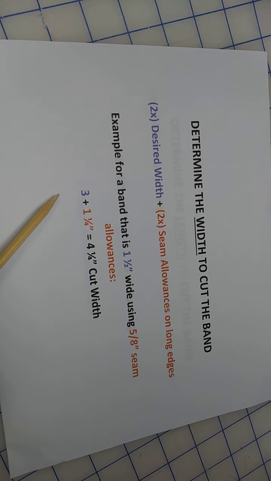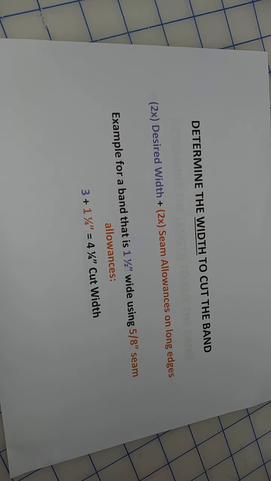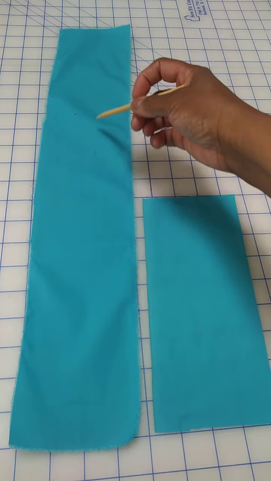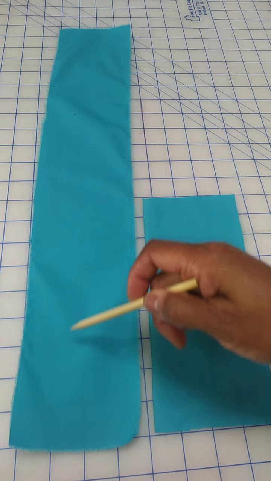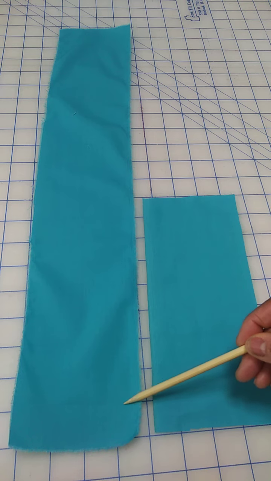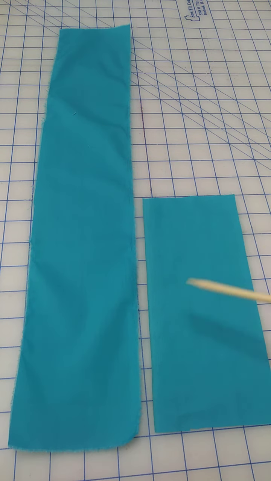So my cut width formula would be 3 inches plus 1 1/4 inches would equal the 4 1/4 inch cut width. I now have my waistband cut at 20 1/4 inches in length, and also measuring approximately 4 1/4 inches across.